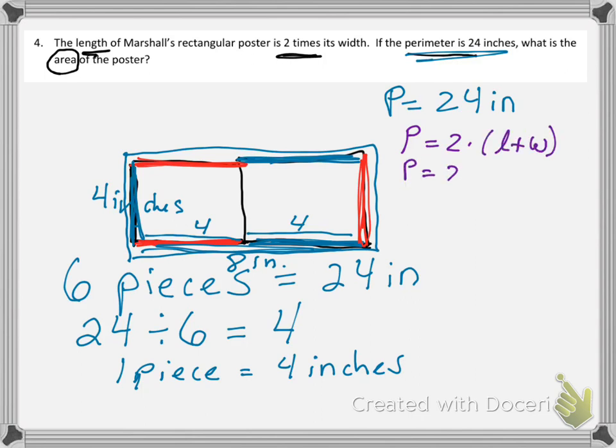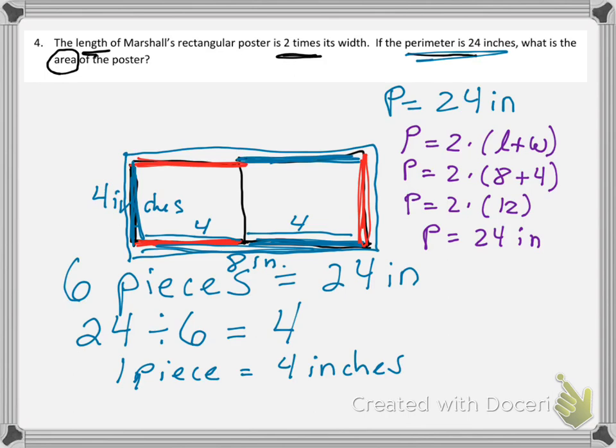So P equals 2 times, and now let's fill it in. The length is 8, and the width is 4. So P equals 2 times 8 plus 4, which is 12. And if we multiplied that, that would give us 24 inches.